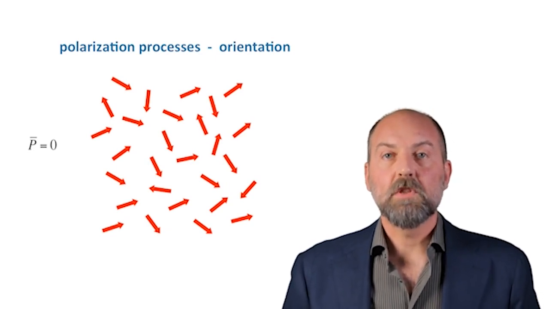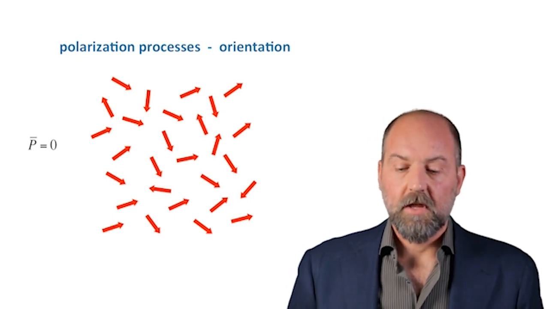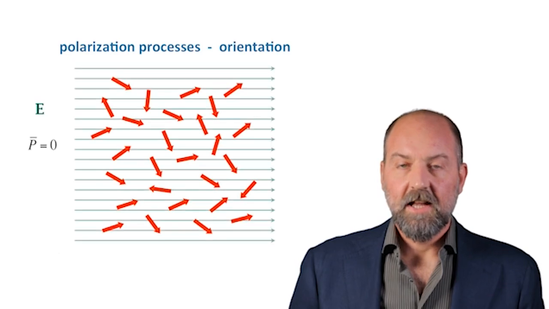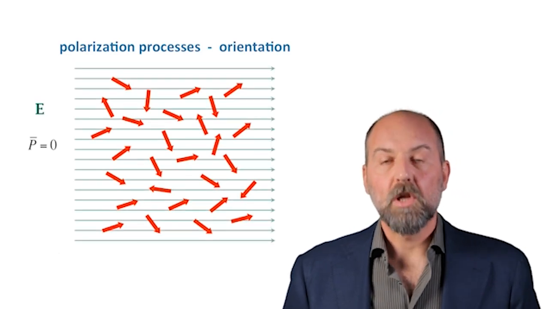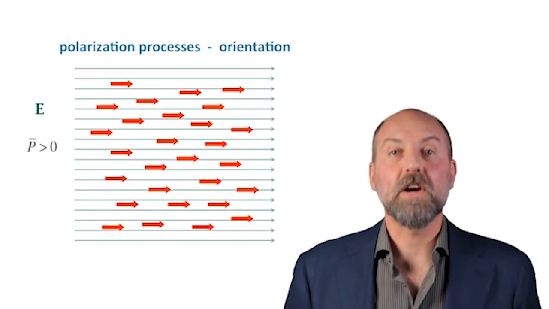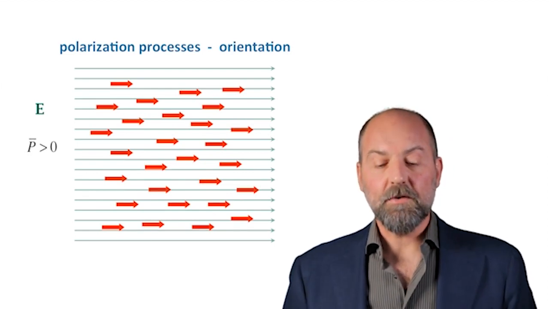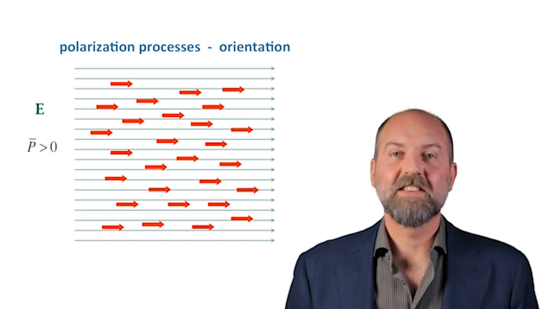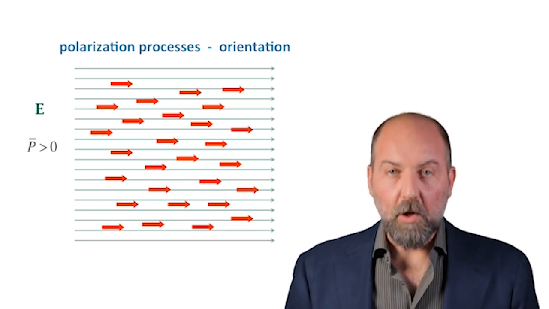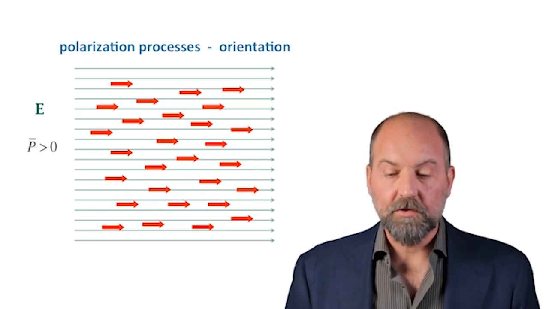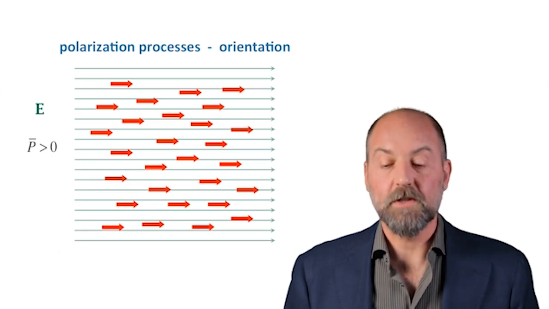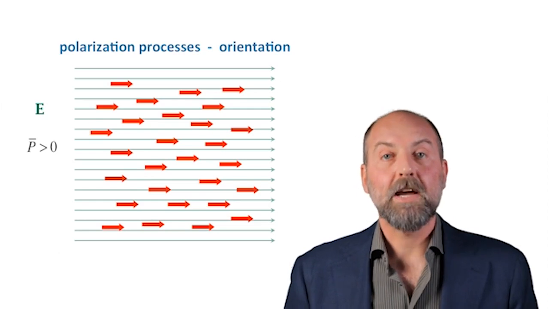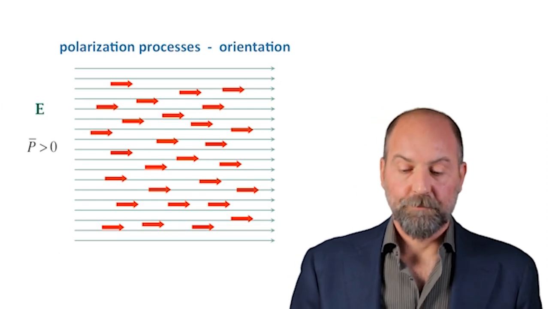That is the case when no electric field is present. But if we apply an electric field, then each molecule will orient in the same direction. The result is that now the average dipole moment of this group of molecules is no longer 0. And so this is a second mechanism of polarization.